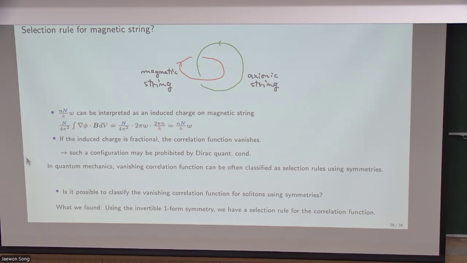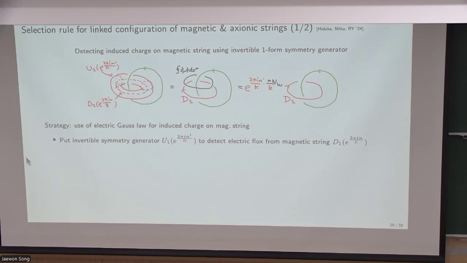So is it possible to classify the vanishing of the correlation function for solitons using symmetries? What we found is that using the non-invertible one-form symmetry, we have a selection rule for the correlation function. This is the selection rule for the linked configuration of the magnetic and axionic strings.